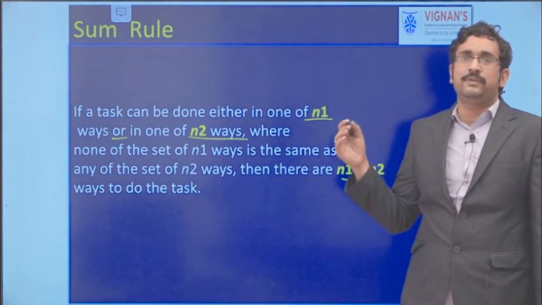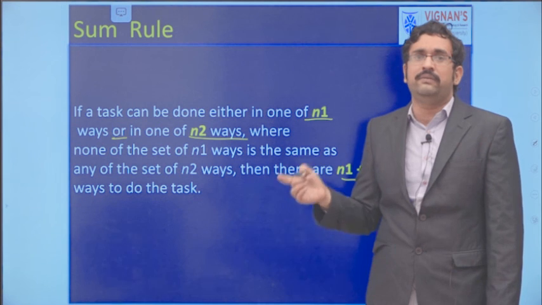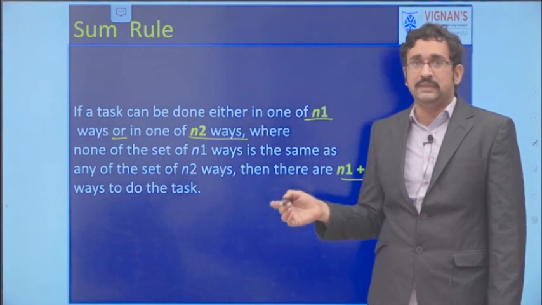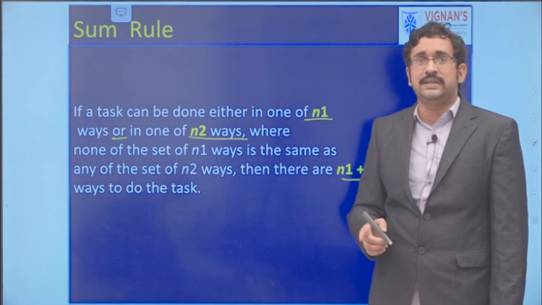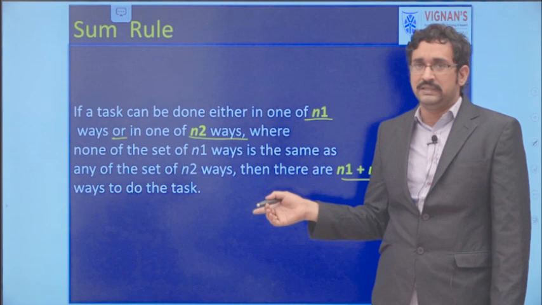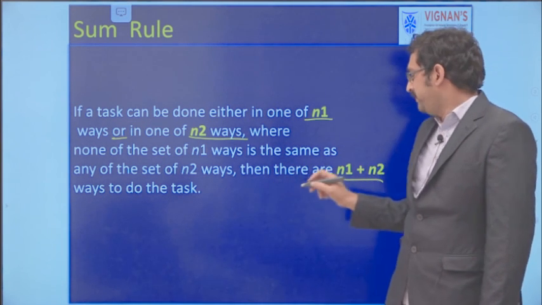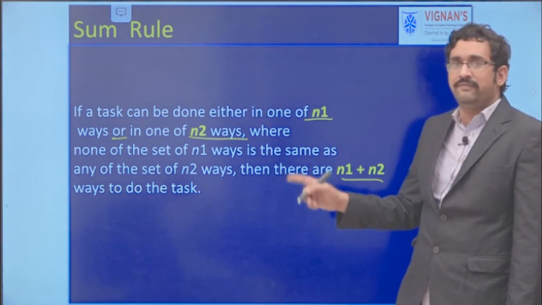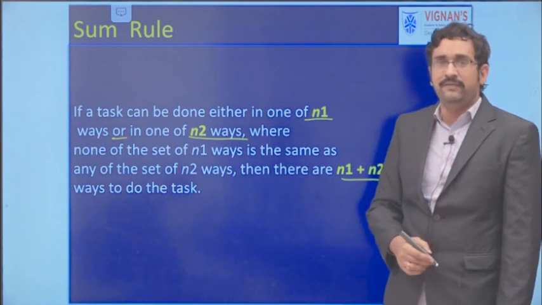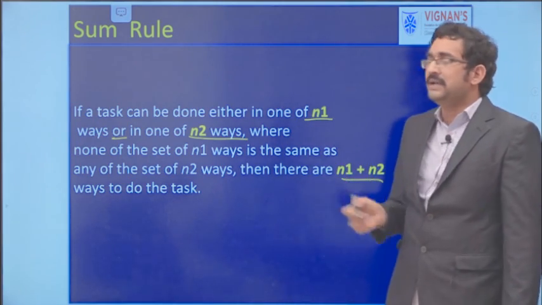In that case, there will be n1 plus n2 ways to complete the given task. So this is called the sum rule.